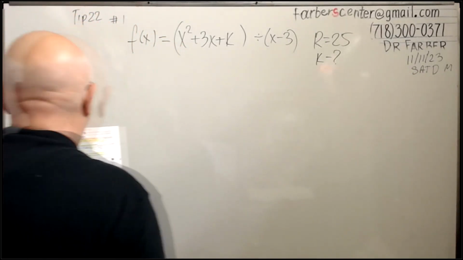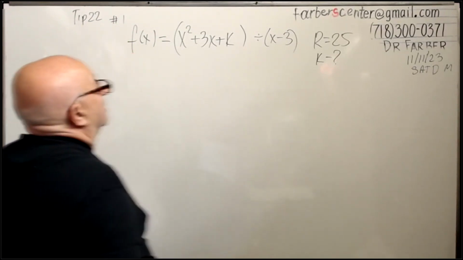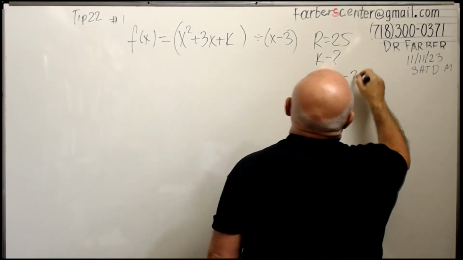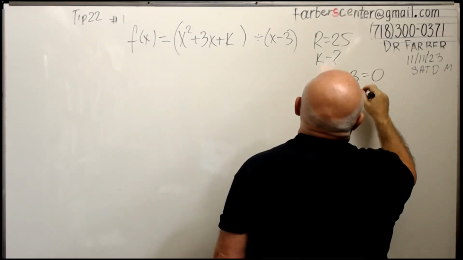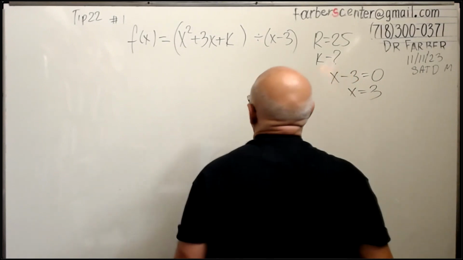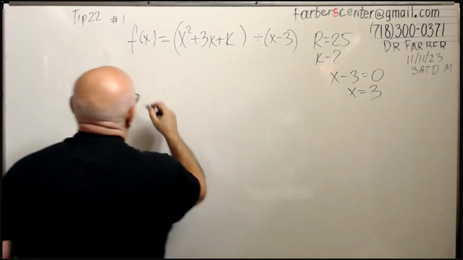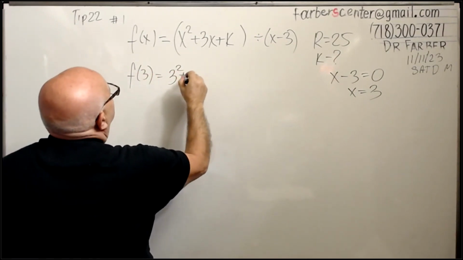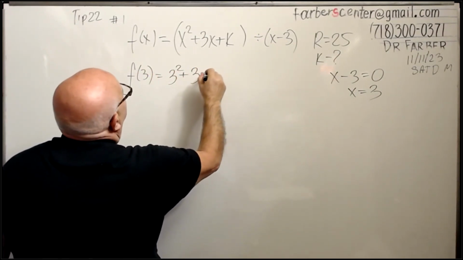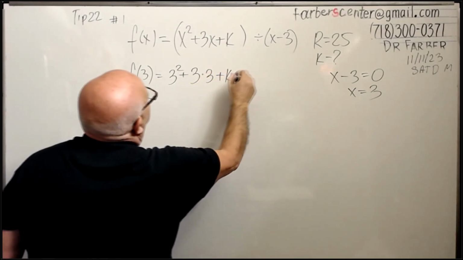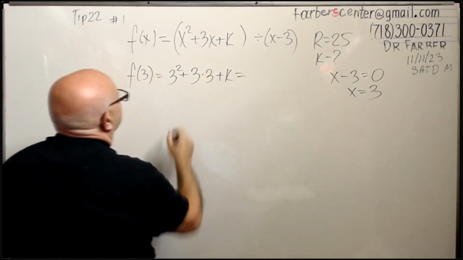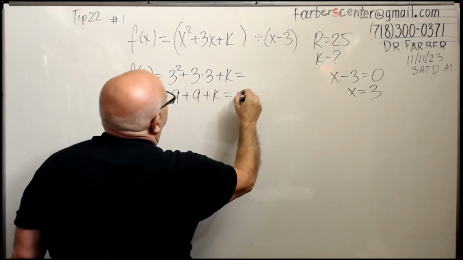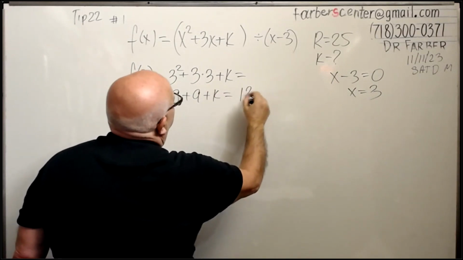And they ask you to find k. Like we did before, set this divisor, x minus 3, equal to 0, so x equals 3. What is f of 3? It equals 3 to the second plus 3 times 3 plus k, equals 9 plus 9 plus k, which is 18 plus k.